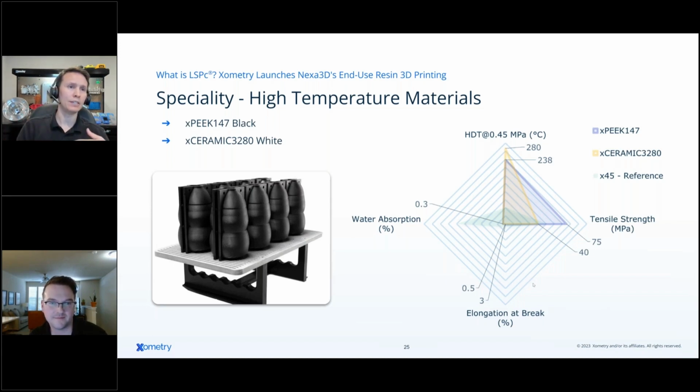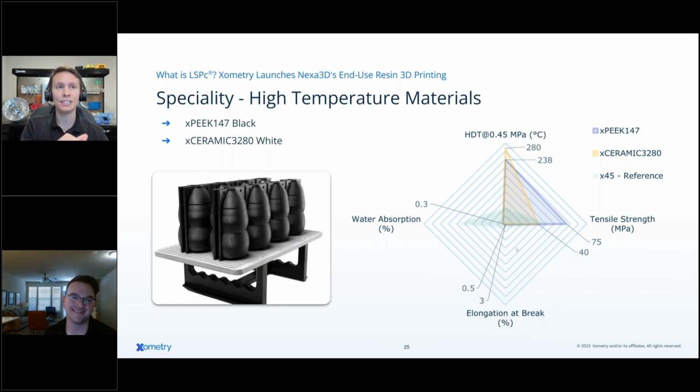In this case, and you can see X45 again as a reference, general purpose compared to these huge triangles that you're seeing on these properties for X-Peak and X-Ceramic. And again, these are photopolymers, but they've been formulated with very high stiffness, which means don't try to break them or don't try to flex them. They will chip on you.